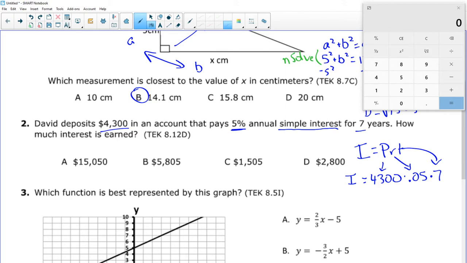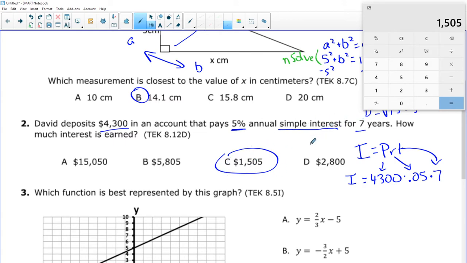So we go back to our calculator. We just do 4,300 times 0.05 times 7. We get $1,505. Now, what if they asked a different question, just for goofs? What if they said, what was his total money earned? This is just the extra money.